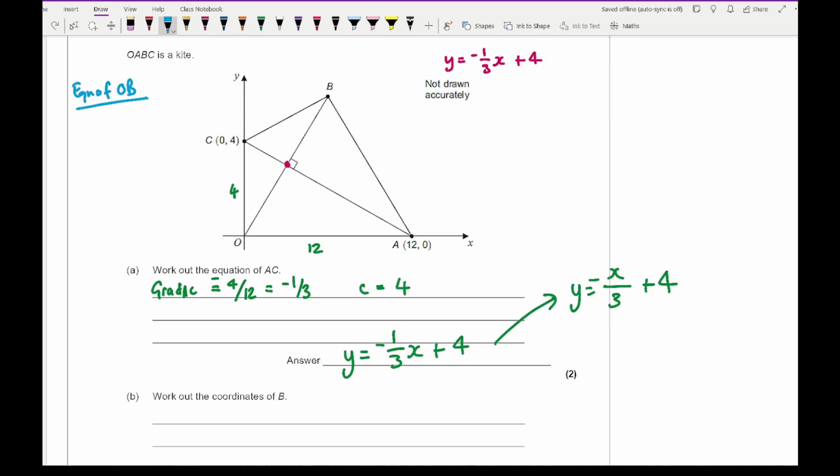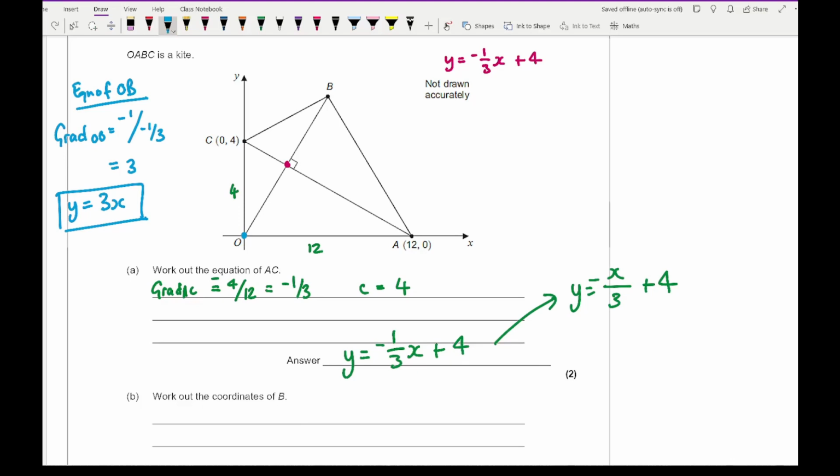With the equation of OB, it's perpendicular, so the gradient of OB is going to be minus 1 over the gradient of AC, which is minus 1/3, which gives me an answer of positive 3. Because it intercepts the y-axis at 0, at the origin, the equation of the line is going to be y equals 3x.